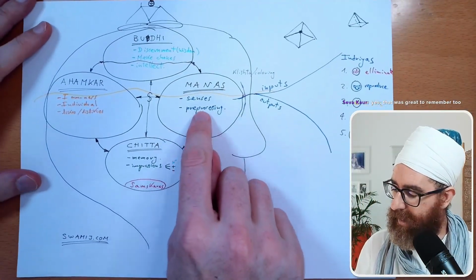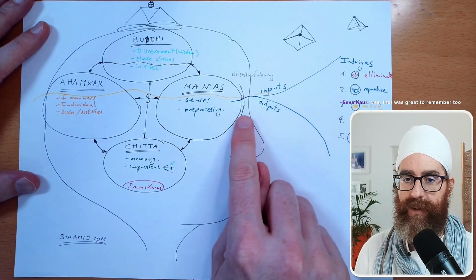Now, what's he referring to? When he talks about the desire, he's referring to ahankar. Remember that there are these levels of the mind. There is the manas that is linked to the senses. So there is the mind that is in connection to the senses outside.